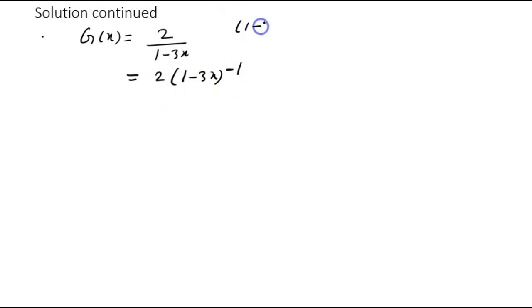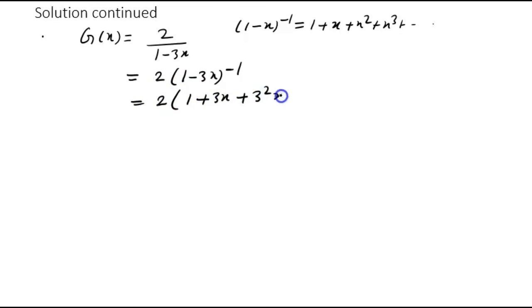That whenever you have 1 minus x to the power minus 1, the expansion will be like 1 plus x plus x square plus x cube and so on up to infinity. So here in place of x you have 3x, so you will be getting 1 plus 3x plus 3 square x square plus 3 cube x cube and so on.